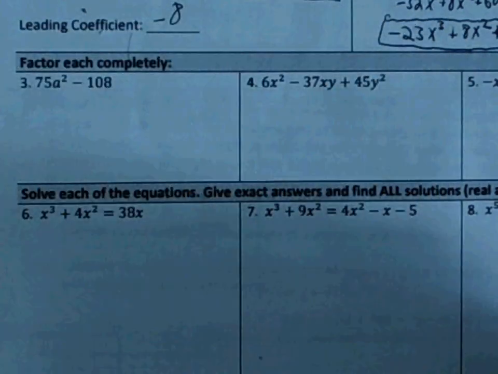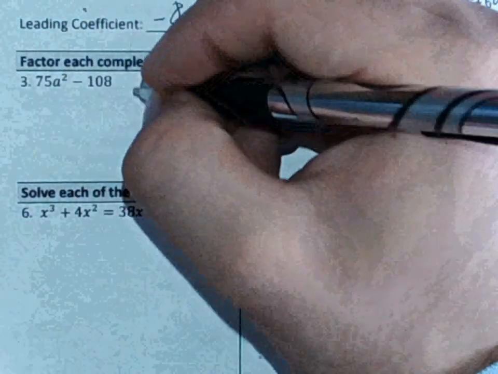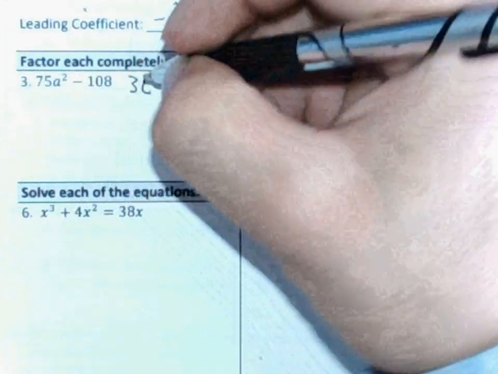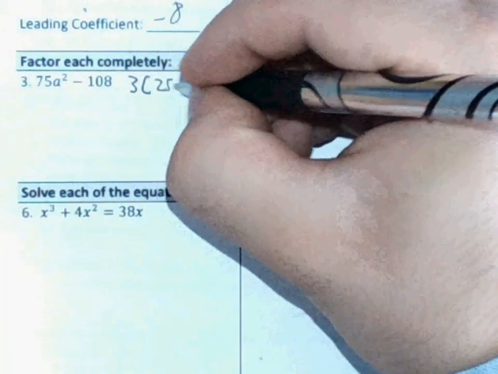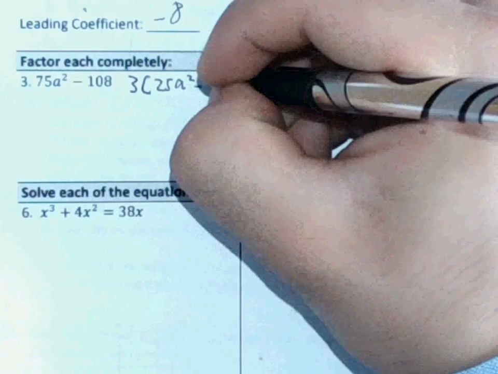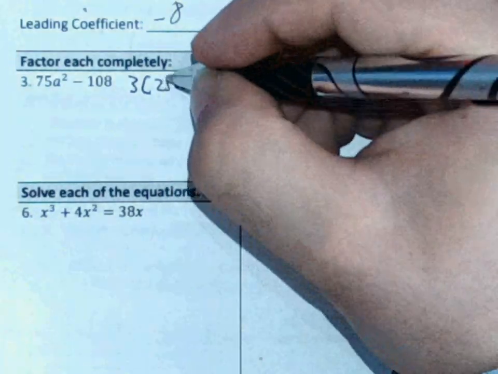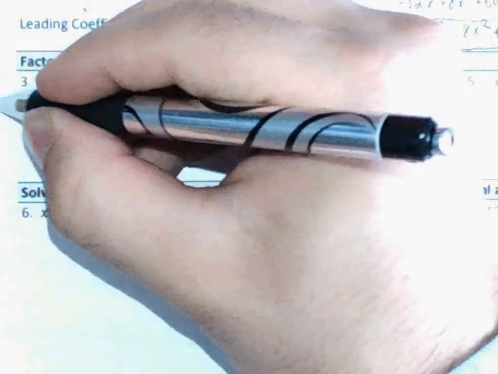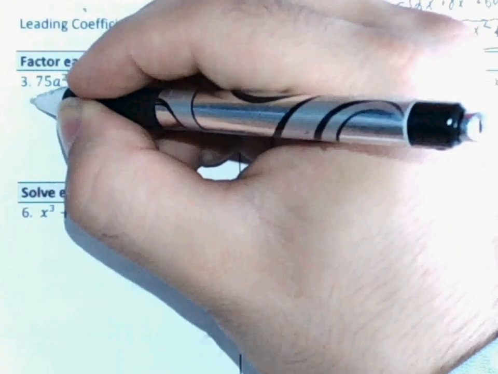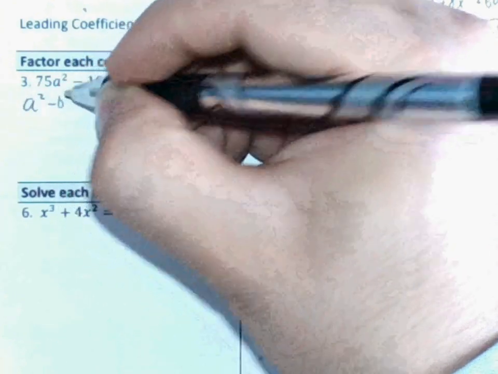So I can factor out a 3 and get 25a squared minus 36. And so this is in the form a squared minus b squared.